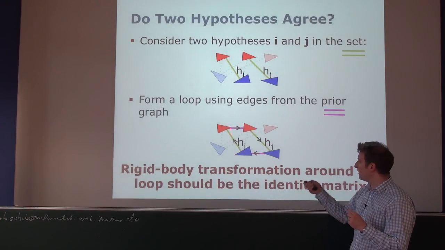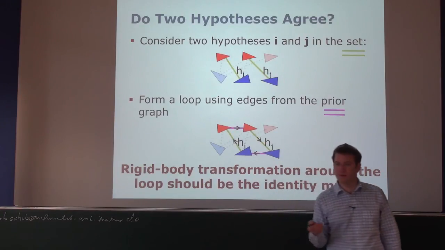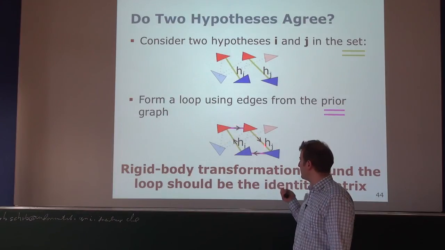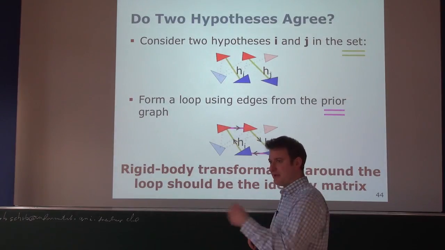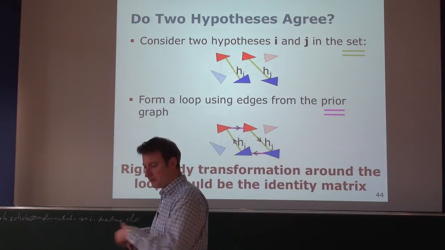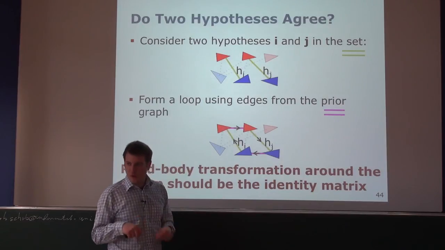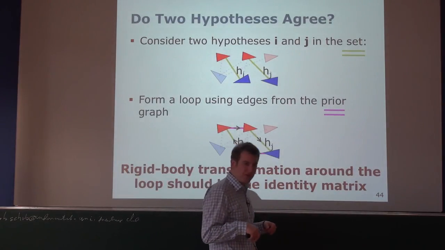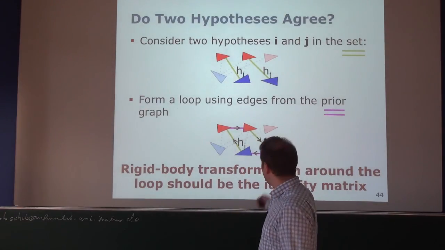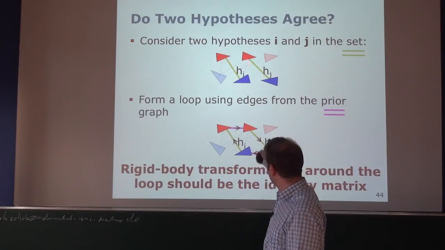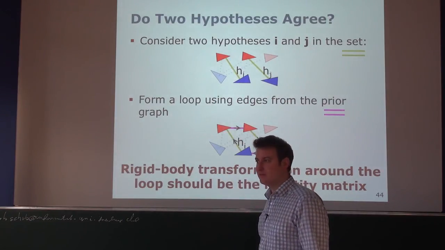If I have this loop of constraints and they are all perfect and consistent, I should get an identity transformation if I concatenate all of them, because I'm starting at pose 1 in the first visit, go to pose 2 in the first visit. Then I take the matching constraint and walk to time 1 at the second visit, go to time 2 at the second visit, and then go back to time 1 in the first visit. Only if those constraints agree with each other and with the odometry information that was collected will I end up at an identity transformation.